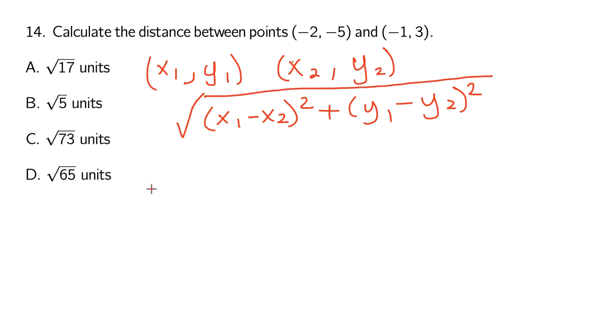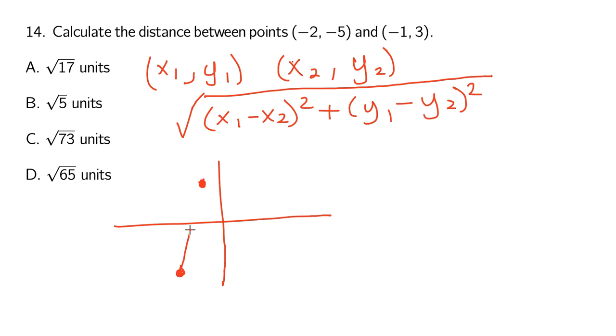Okay. But if you also think graphically in terms of your coordinate system, then these are 2 points in the plane, so you can sort of estimate where the points are. -2, -5, you can put it somewhere here, and then -1, 3, you can put it somewhere here.